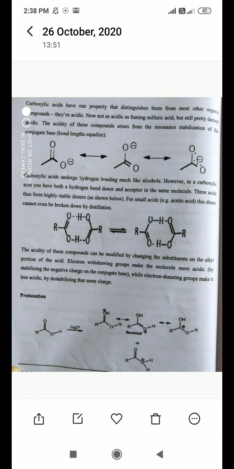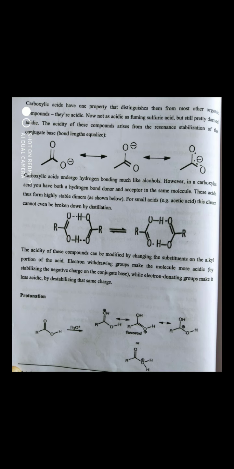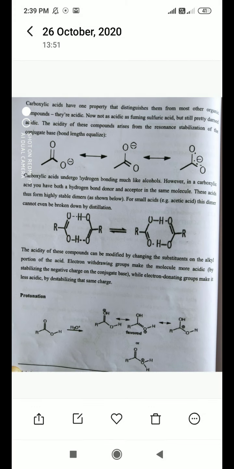Chlorine is a halogen, so it has the ability to withdraw electrons. So the acidity of these two molecules differs, and they can easily be separated out. We will see how electron donating and electron withdrawing groups affect the acidity of the carboxylic acid.